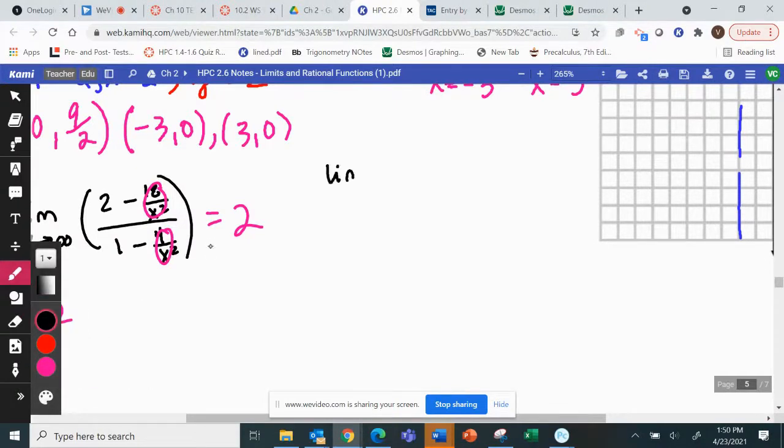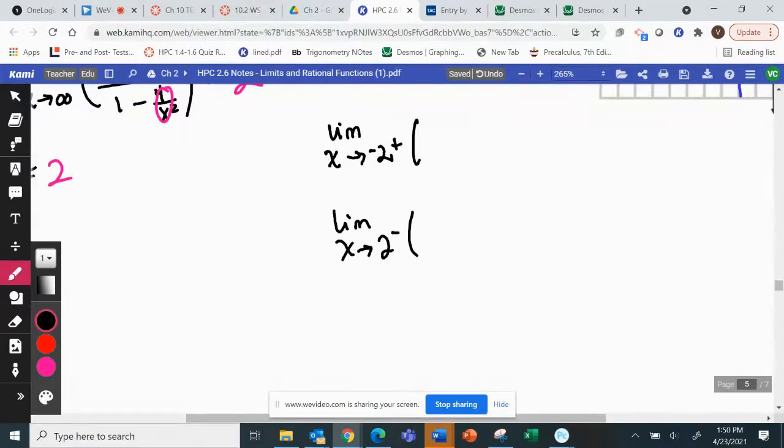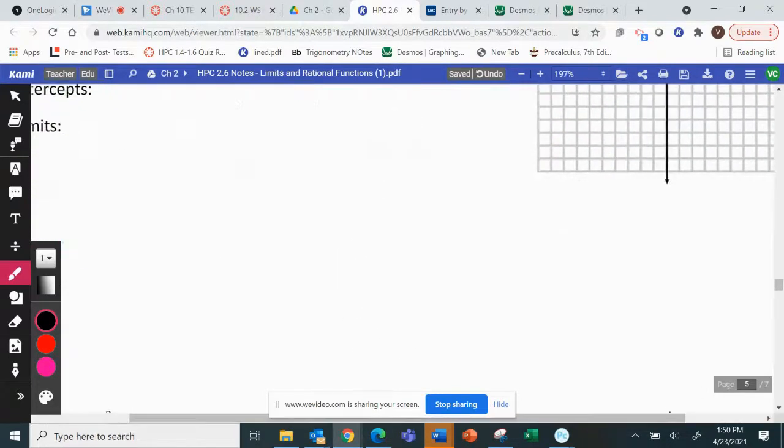I'm going to start with limit as x goes to negative 2 from the left. Then I'll do limit as x goes to negative 2 from the right. Then I'll do limit as x goes to 2 from the left. And then I'll do limit as x goes to 2 from the right.